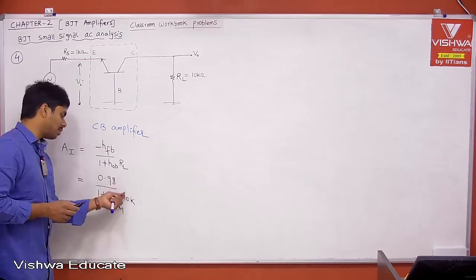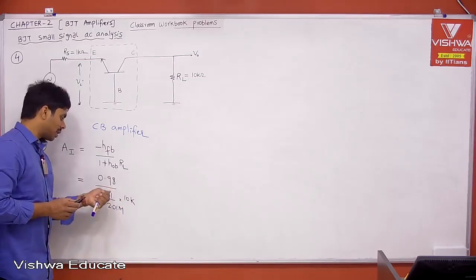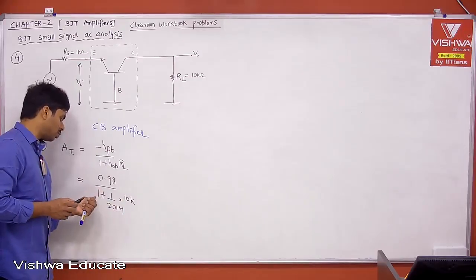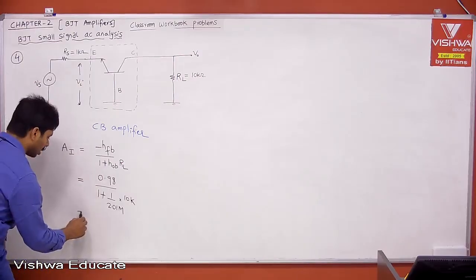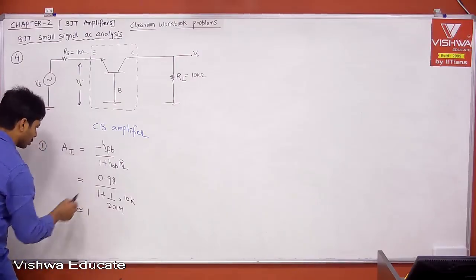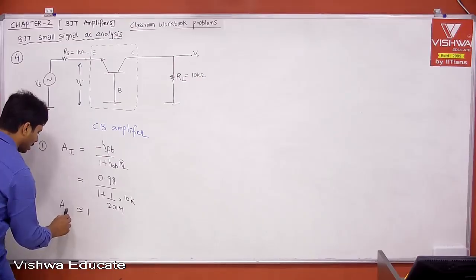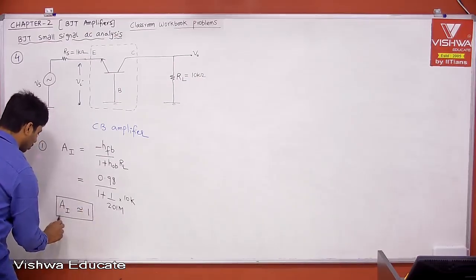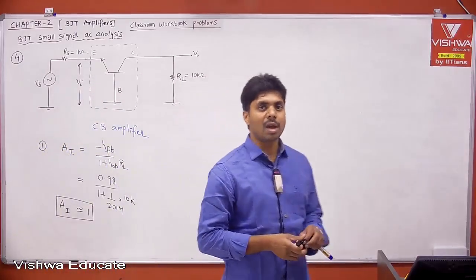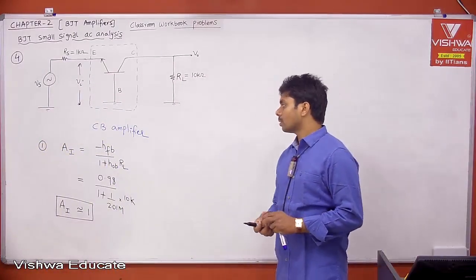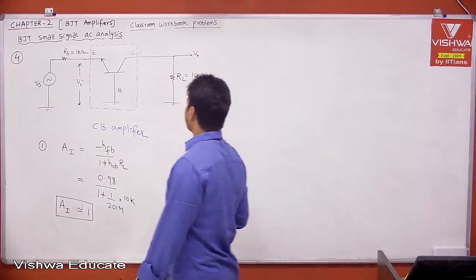K and K will be cancelled, 10 by 2000, 1 by 200. Can I neglect 1 by 200 with respect to 1? Yes. Then it is approximately equal to 1 but less than 1. It is close to 1, actually 0.98 or 0.97 something. Therefore, this is the first one which we got. You can keep it in brackets. That is the answer, one of the AC parameters. Now, let's see the second one.